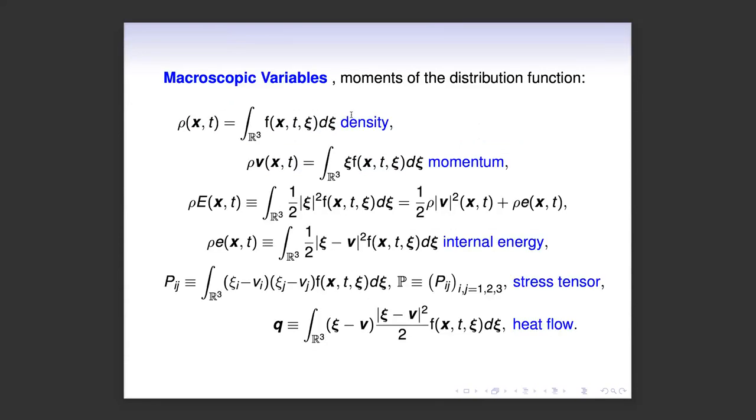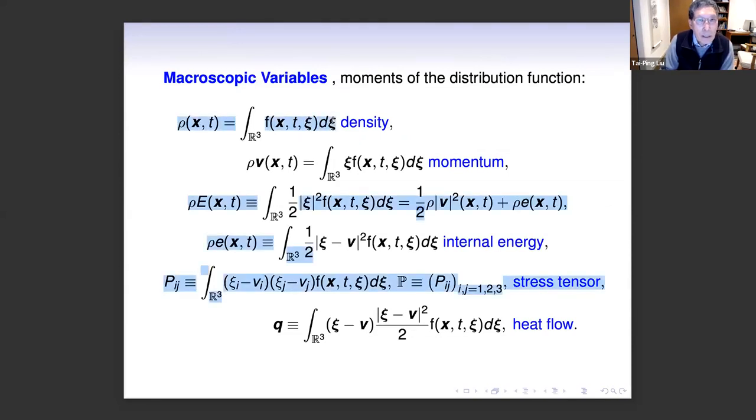Okay, so to relate to fluid dynamics, one looks at the macroscopic variables here. The density is the integration of f with respect to all microscopic velocity c. So this says it's the amount of gas near a point x with any velocity.